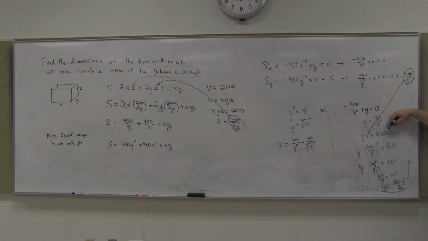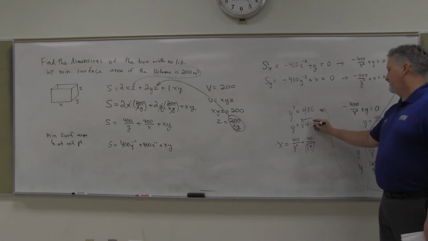Oh, here's where I messed up. 400 squared is not 1,600. Yeah, there we go. So it's 160,000 divided by 400. What is math? Which is 400. That's what I have.